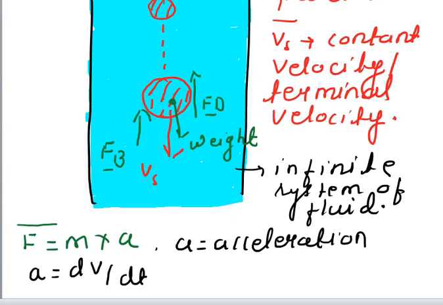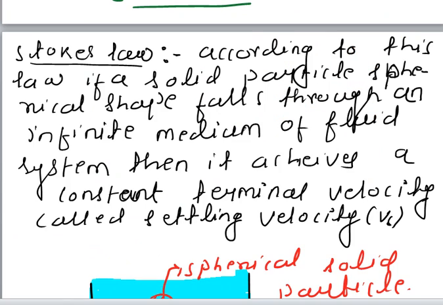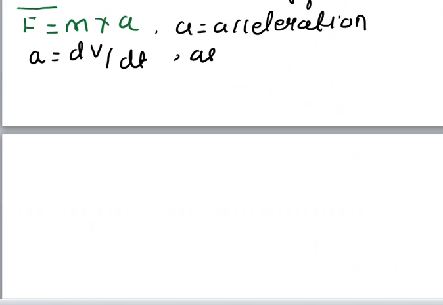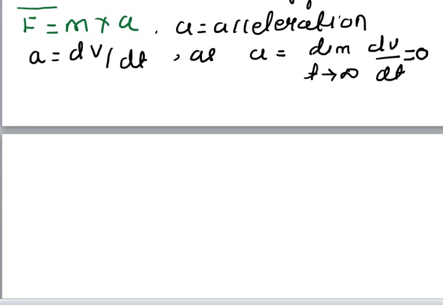As for velocity, I will write in differential form, I will make the limits. A equals limit t tends to infinity of dv over dt, tends to 0 at infinite time.